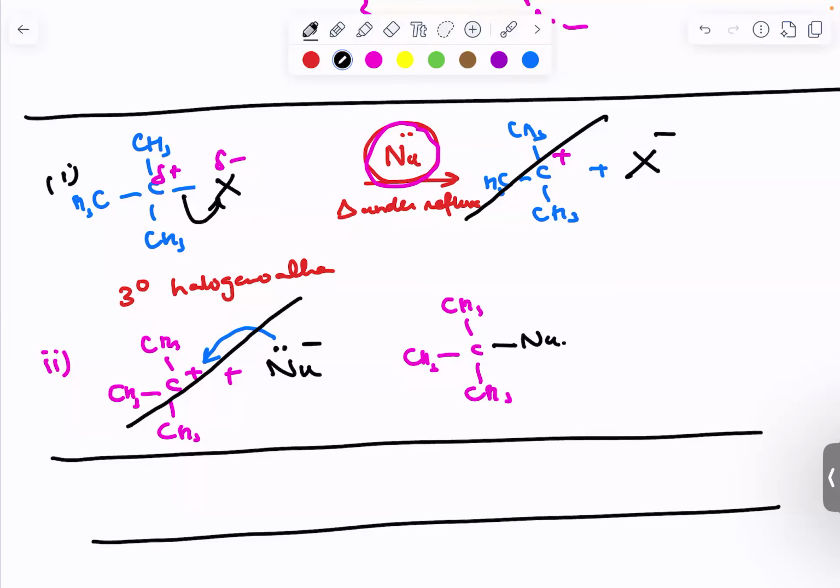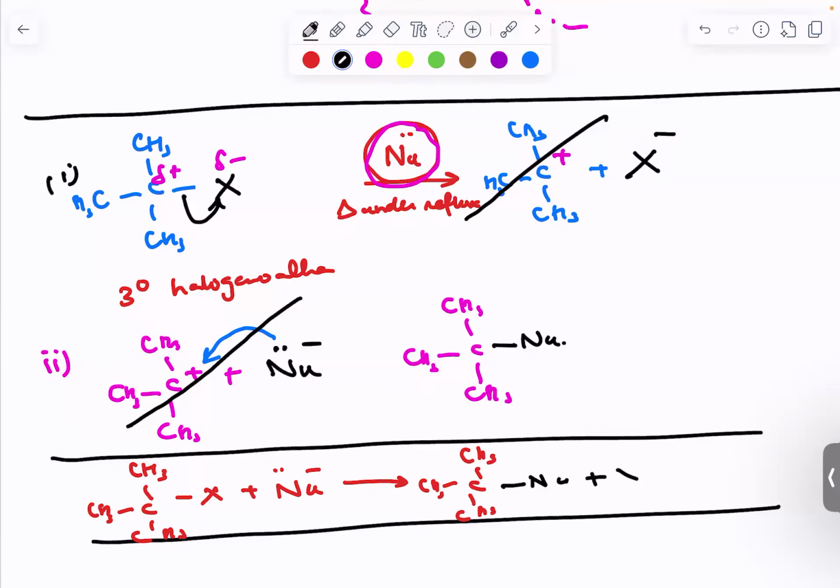Now, when you add it up, you will get CH3, CH3, CH3X plus Nu negative, and you are going to get CH3, CH3, CH3, Nu plus X negative.